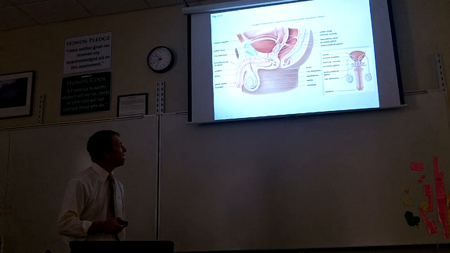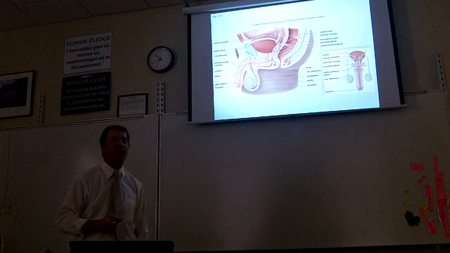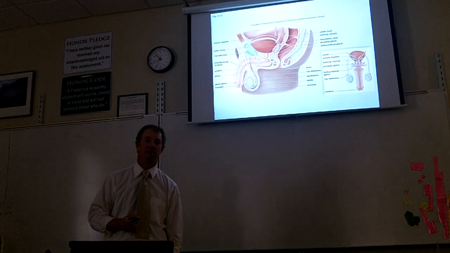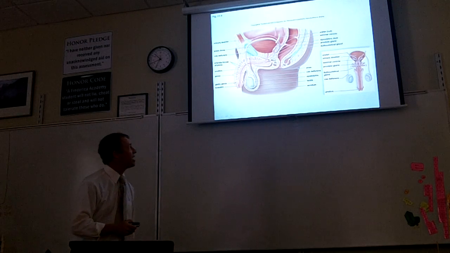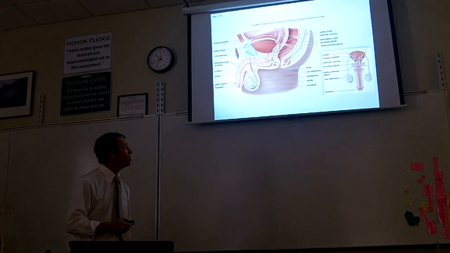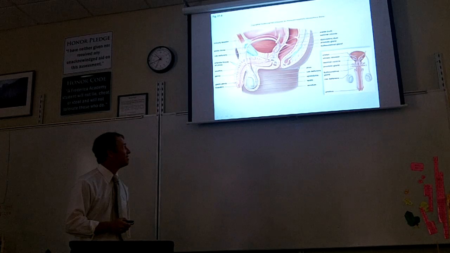And there's another gland here called the prostate gland that squirts out a milky fluid that causes the sperm to be able to survive in the female tract. See, the female tract is very acidic. It would normally kill sperm, but the prostate gland secretions help the sperm survive because it's basic and it neutralizes the acidity of the vagina.